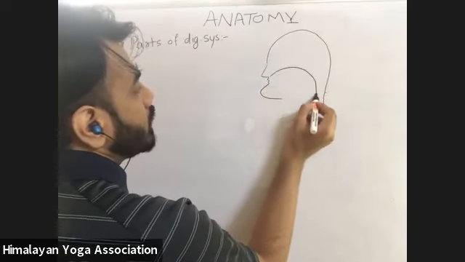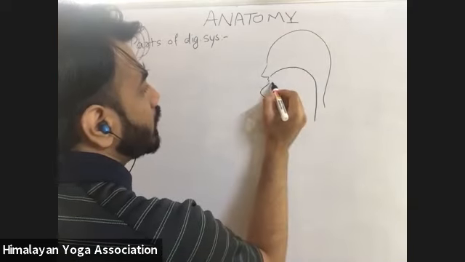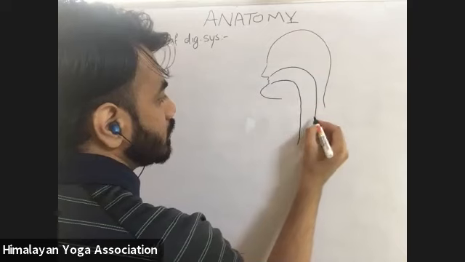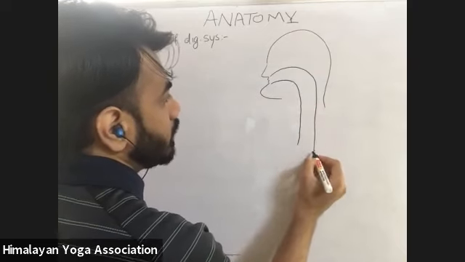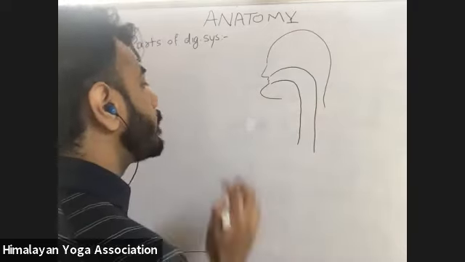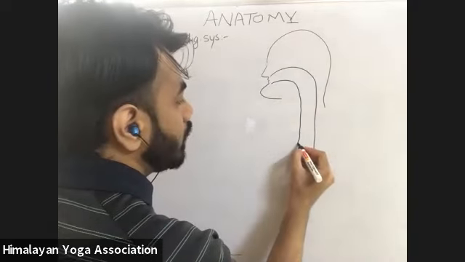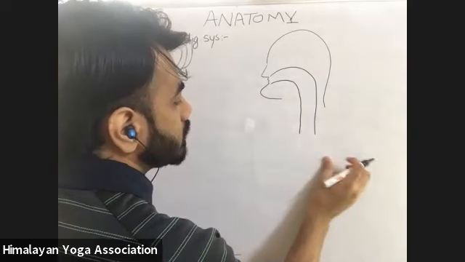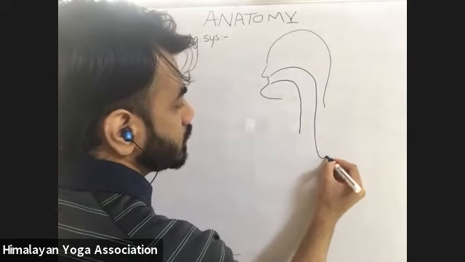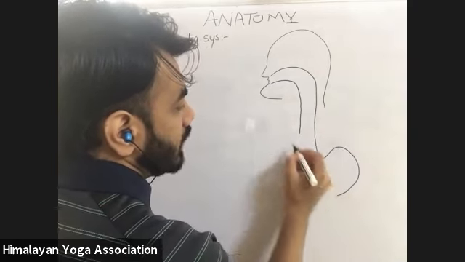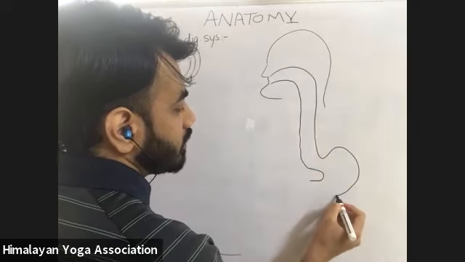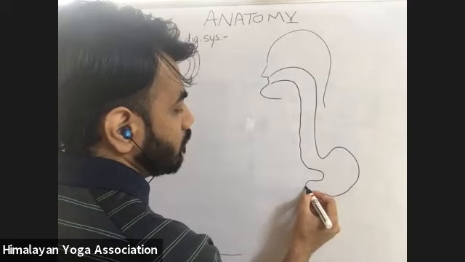Here I am drawing the food pipe first, as the food pipe will be connecting all the way down to our stomach first. The stomach is slightly located to the left side of our body.